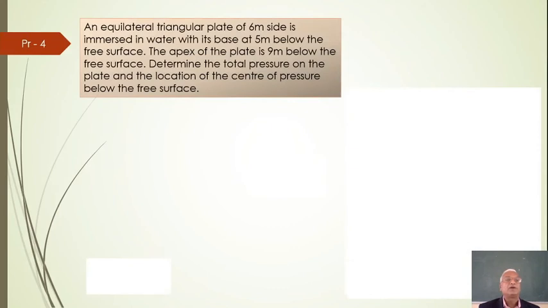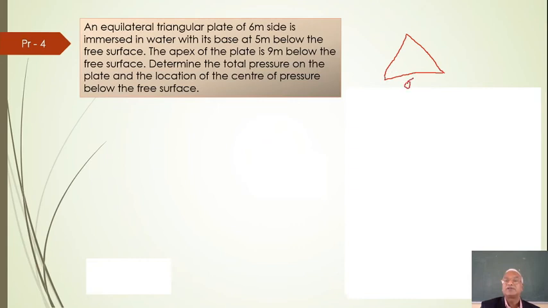Here is one more. An equilateral triangular plate of 6 meter side. Equilateral triangle is where all the edges are the same.